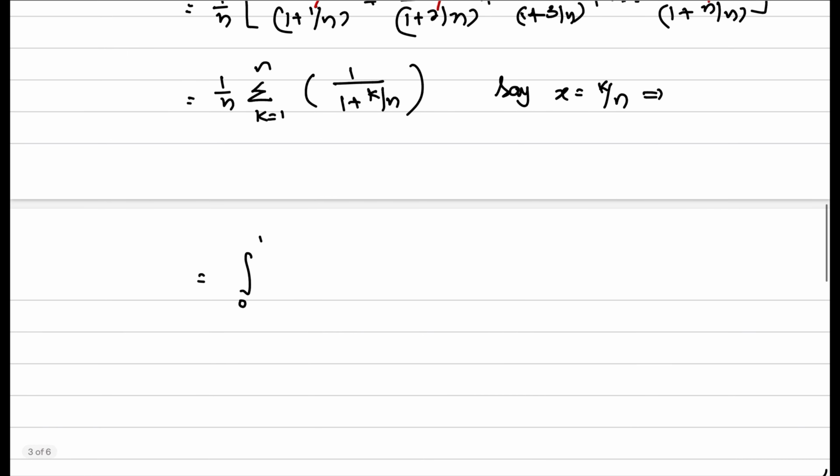Summation is nothing but integration. This value will be this total value.